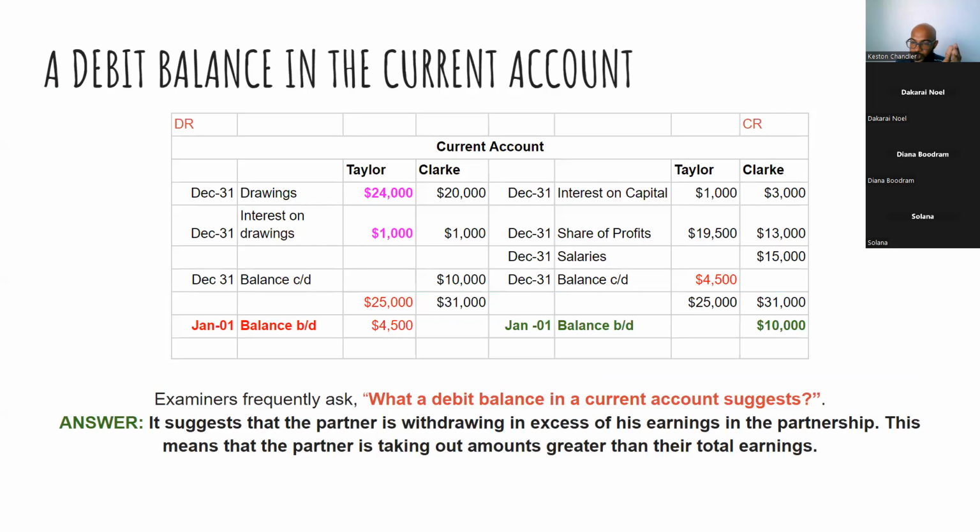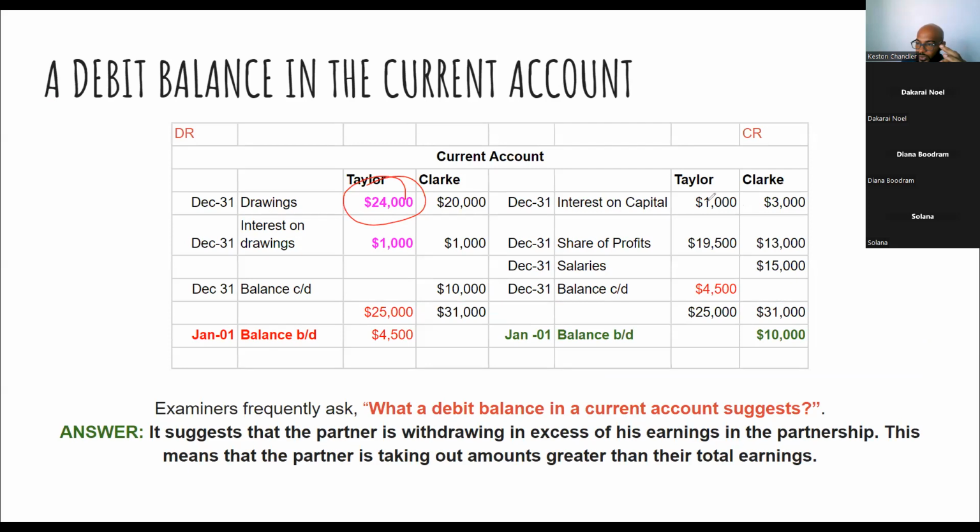So here's another one. Same Taylor and Clark, except that now Clark's drawings were 24,000. But remember just a little while ago, his total earnings for the period was 20,500.